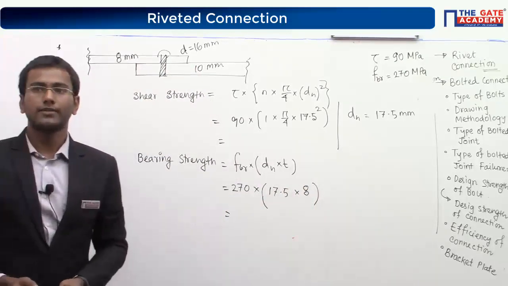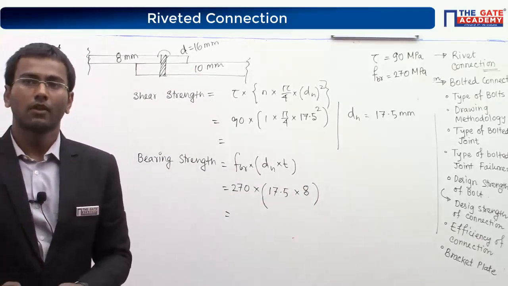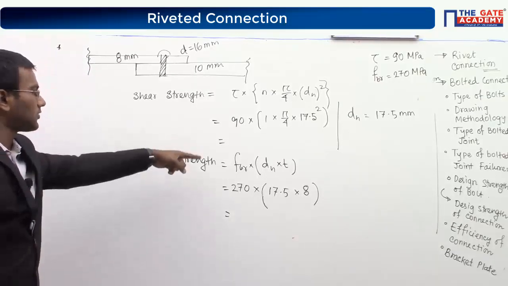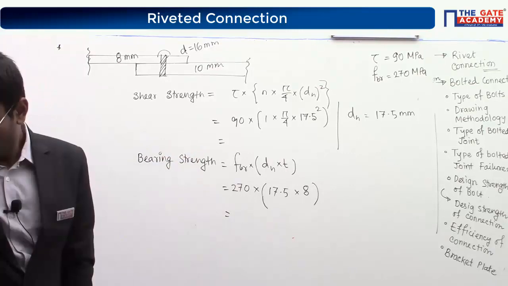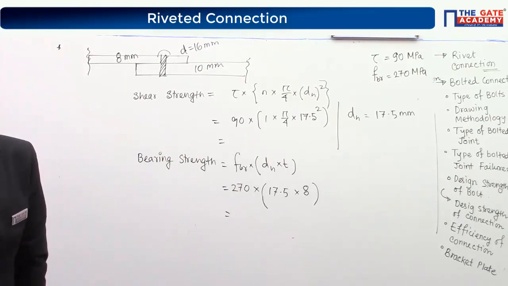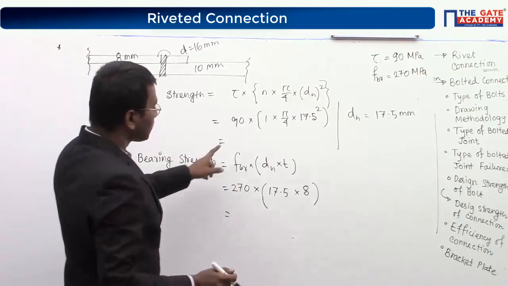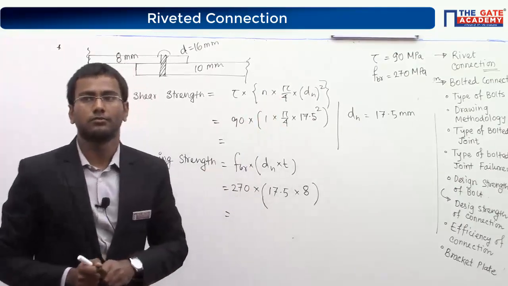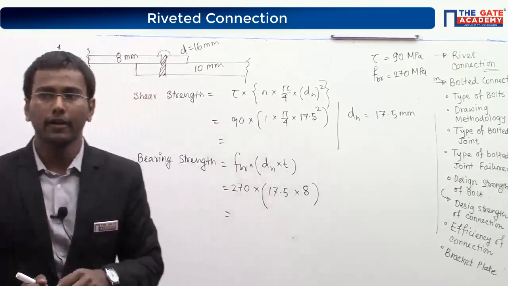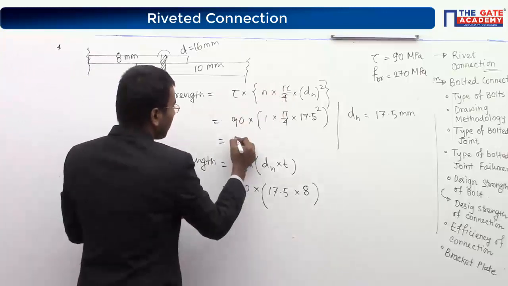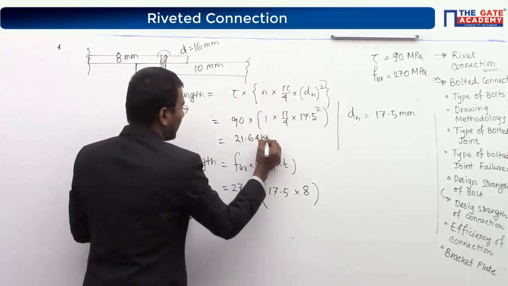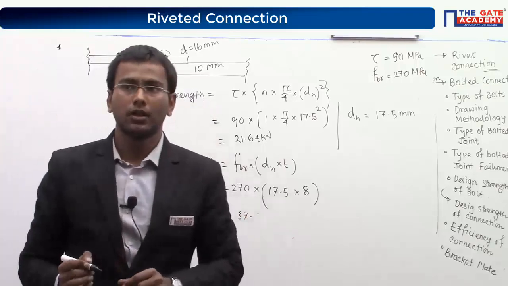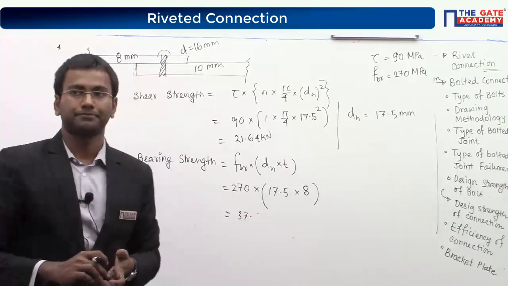So please find out the answer for both cases, shearing strength and bearing strength quickly. This one and this one in kilonewton: 21.64 and 37.8 kilonewton.